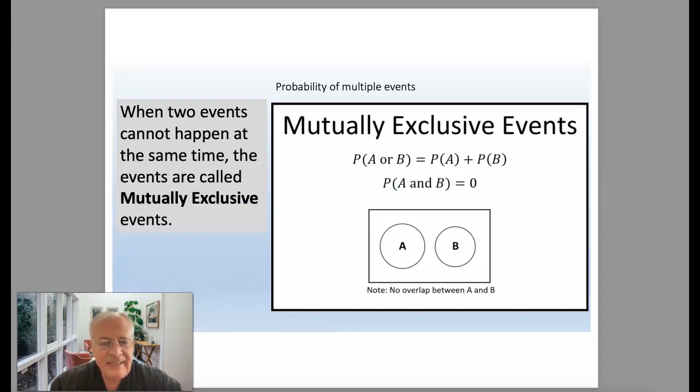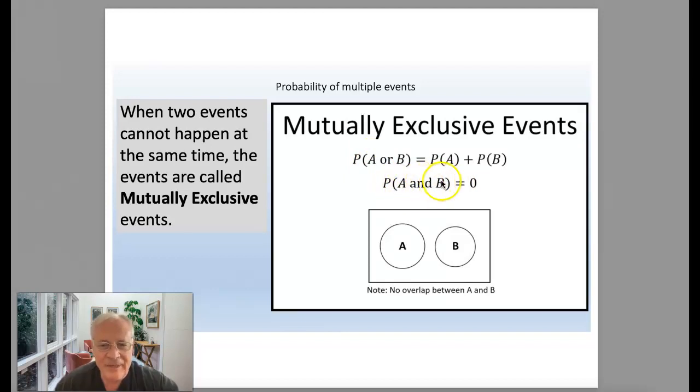When two events cannot happen at the same time, the events are called mutually exclusive. All right? When events are mutually exclusive, the probability that they both happen is 0, because they cannot both happen at the same time.